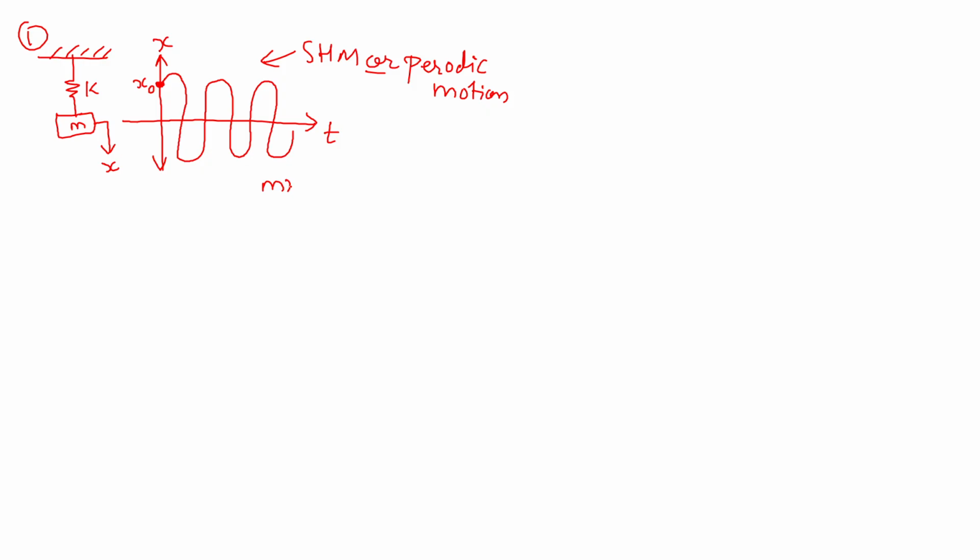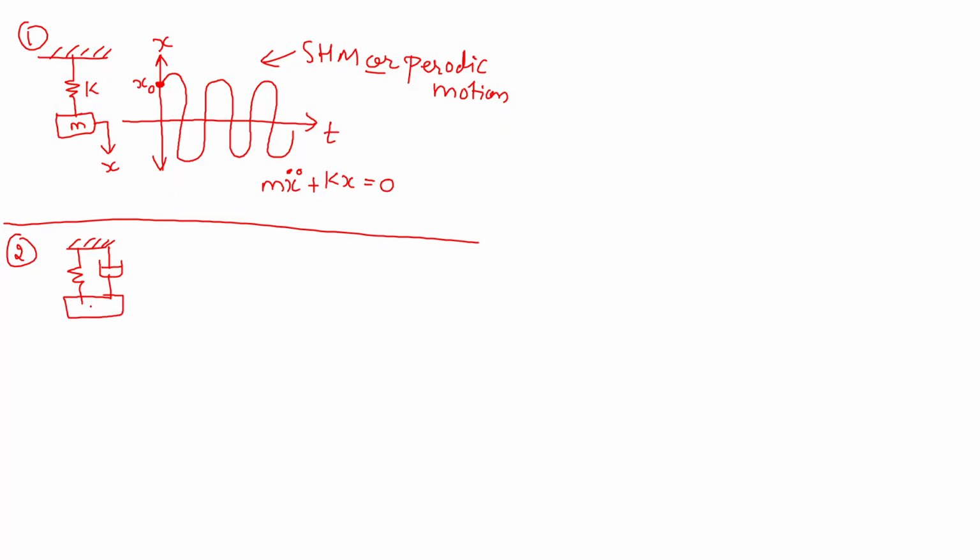If you write the equation, it will be m x double dot plus k x is equal to 0. So this is the first system. Similarly, if I take a spring mass damper system, I'll take a spring, a damper, and a mass.